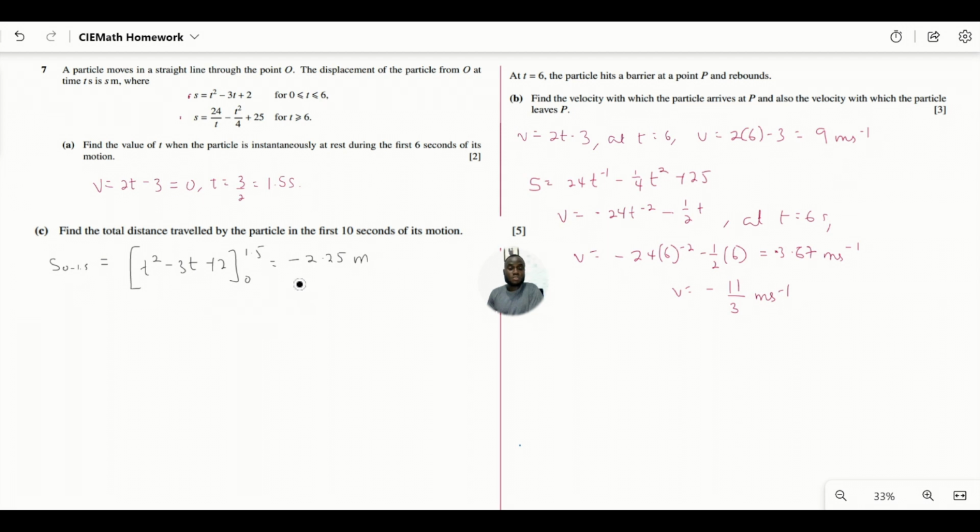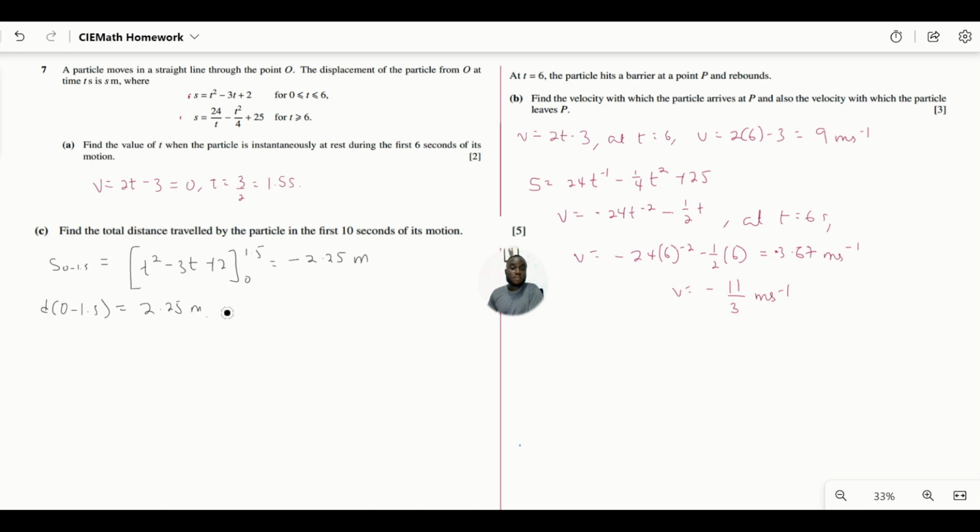So the distance traveled, we're just going to take the magnitude of that as 2.25 meters. So the first 1.5 seconds, the distance traveled is 2.25 meters.